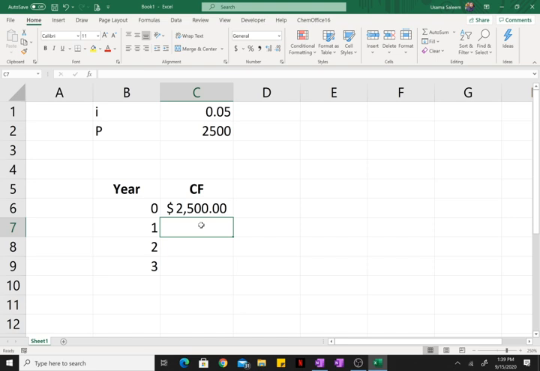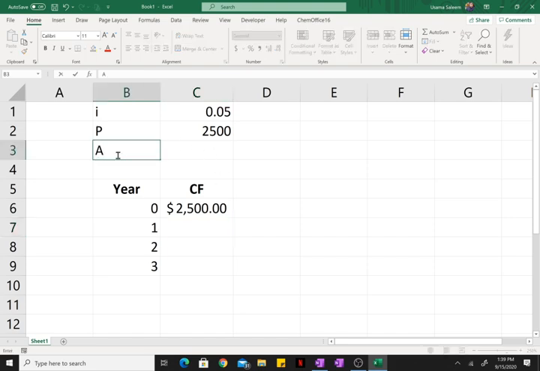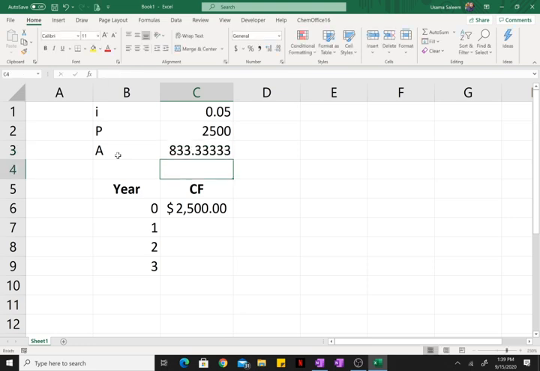and let me just format this using the accounting formatting. Let's say we make an initial guess for the payment, and let's say it's around 2500 divided by 3. Let's take that as our initial guess.